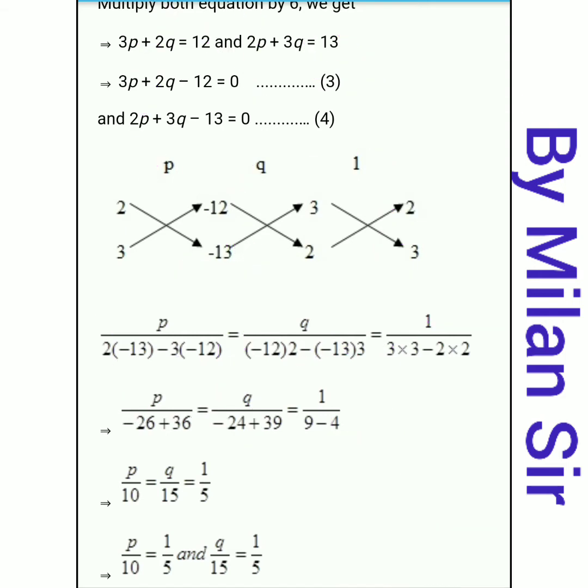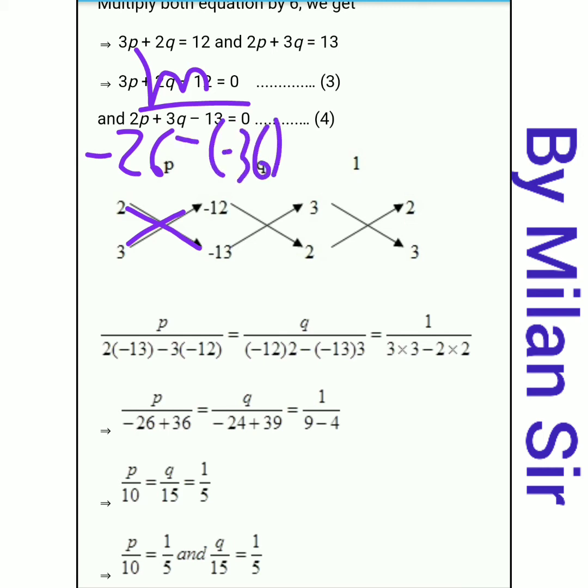Then we need to do cross multiplication, right? 13 into 2 is 26, plus minus minus. Then 12 into 3 is 36, plus minus minus, and the minus is as per the formula, so in bracket minus 36. Then for n, again cross multiplication: 12 into 2 is 24, and 13 into 3 is 39, with the minus as per the formula.